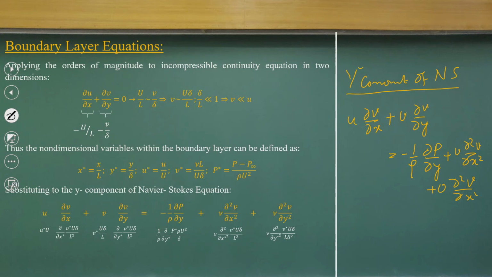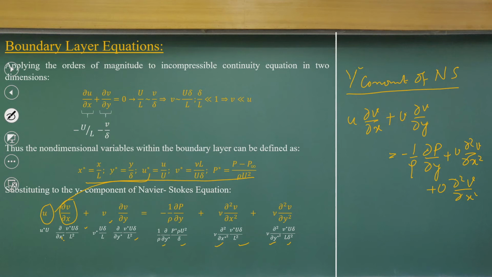Now, I will substitute all these terms in non-dimensional form: u star times the free stream velocity. In the same way I can apply del by del x as del by del x star times 1 by L. So each component I can put in non-dimensional form. I apply these non-dimensional variables to each term: del p by del x, 1 by rho, rho is a constant.